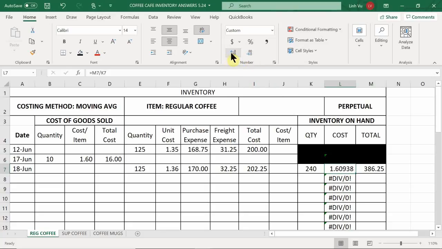Okay. So then that brings my cost per item to reflect 1.60938. Right? So this is where we're going to be practicing not rounding that number just yet. We're not going to round to $1.61. We're going to keep it at the unrounded number because we're selling or using pounds in larger increments.